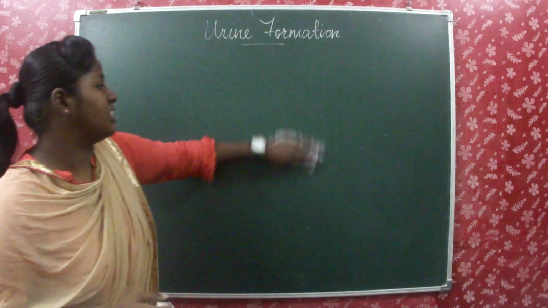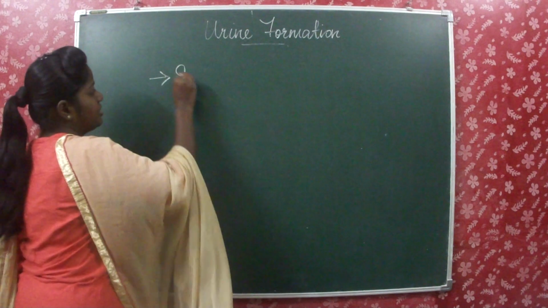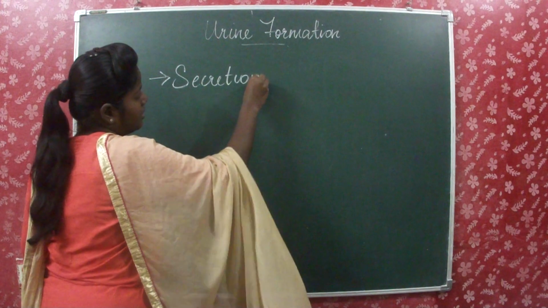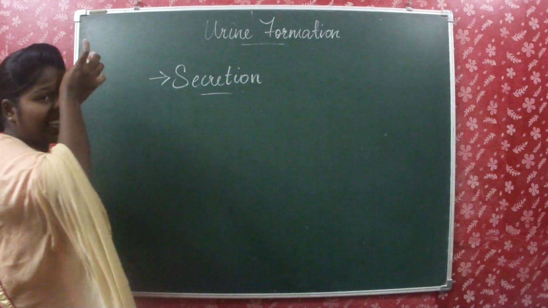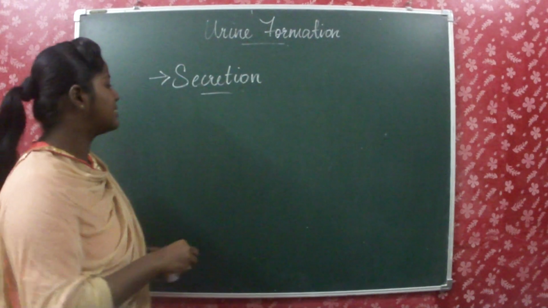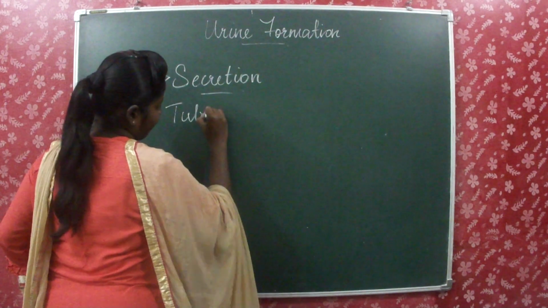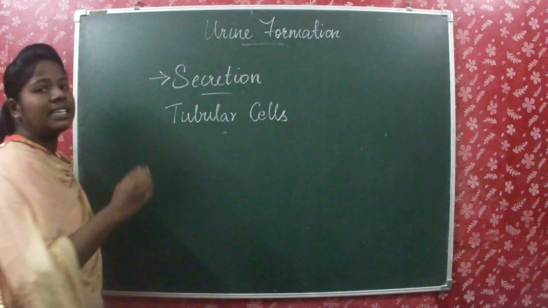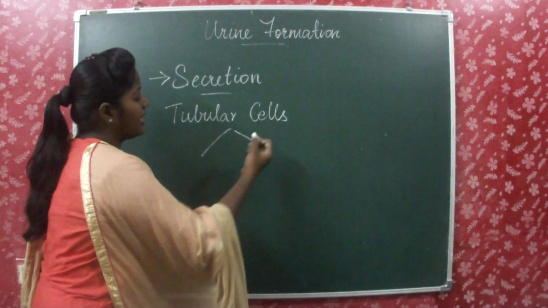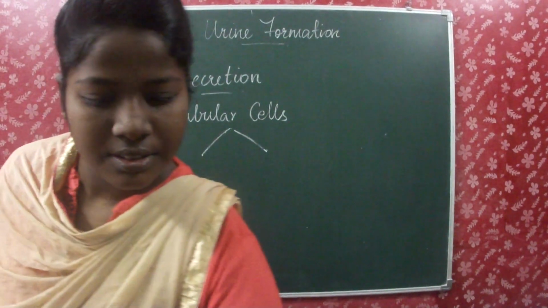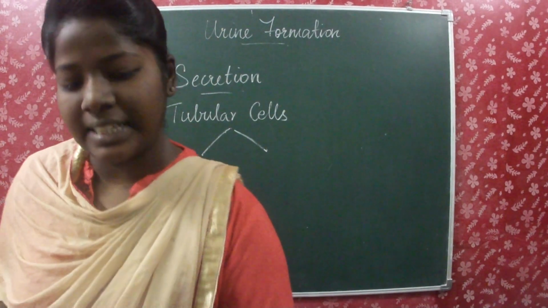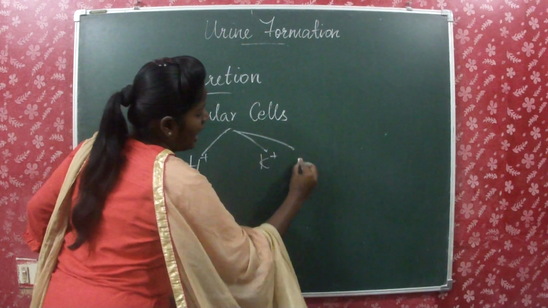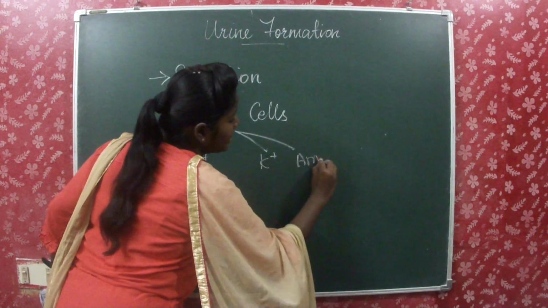The next is secretion, the final process. This secretion takes place by the tubular cells. The tubular cells secrete some substances like hydrogen ions, potassium ions and ammonium ions, that is ammonia.